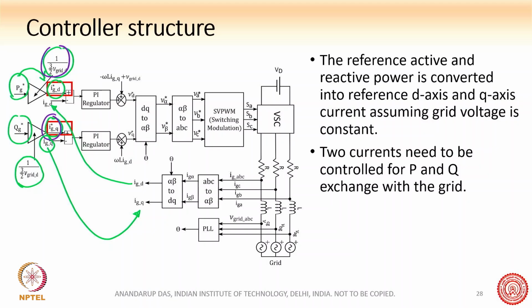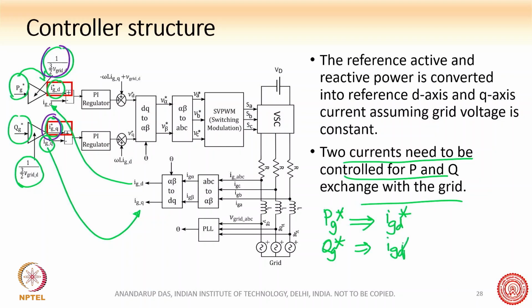So what am I saying? What does this first part indicate? That two currents need to be controlled for P and Q exchange with the grid. So PG star is getting converted into IGD star, and QG star is getting converted into IGQ star.